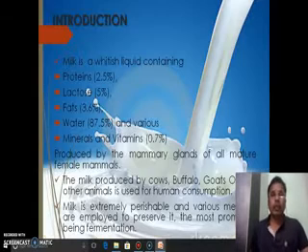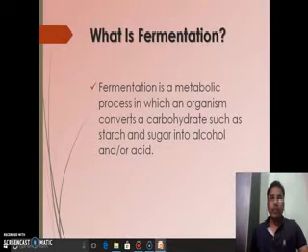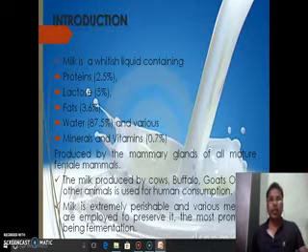So in this lecture we are going to see the various fermented milk products, and before starting the fermented milk products, first of all we have to know the nutritive value of the milk.